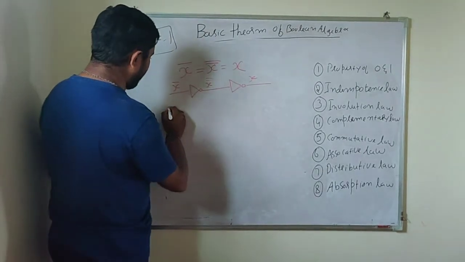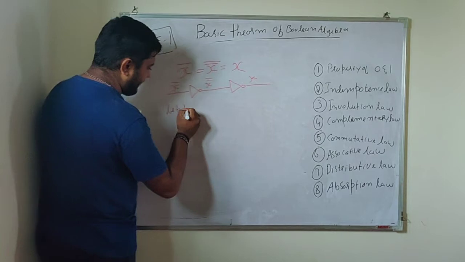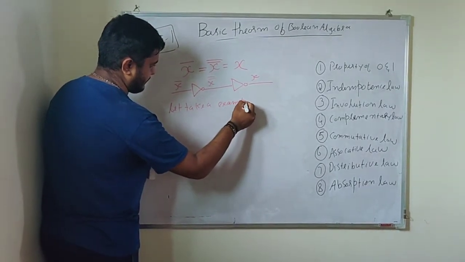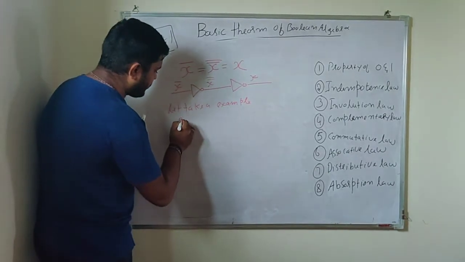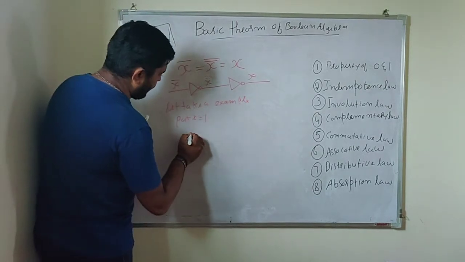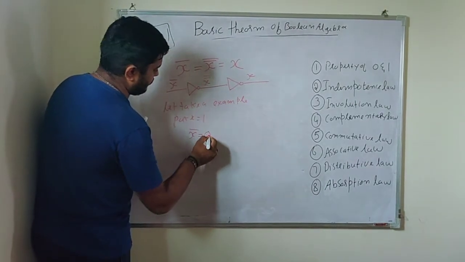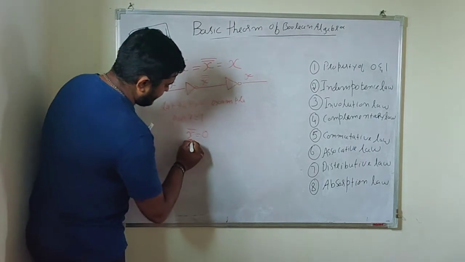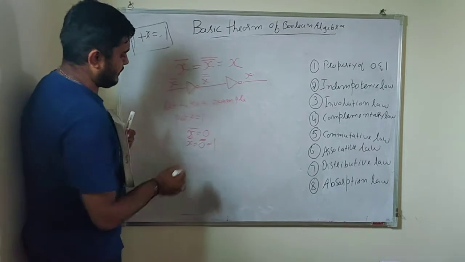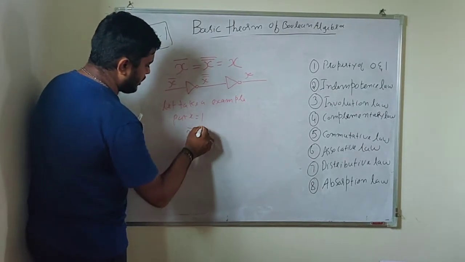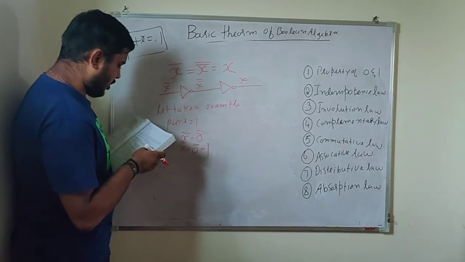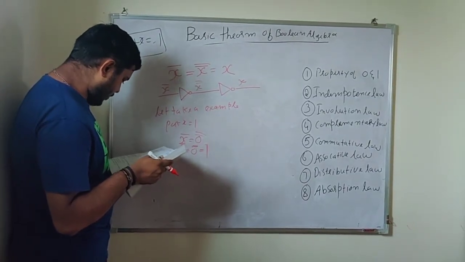So let us take an example. Put x equals 1. Then x bar is 0. Again, x double bar means 0 bar, which is equal to 1. So it is the reverse value.